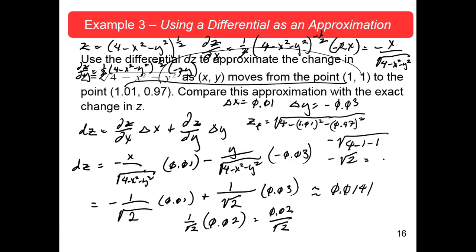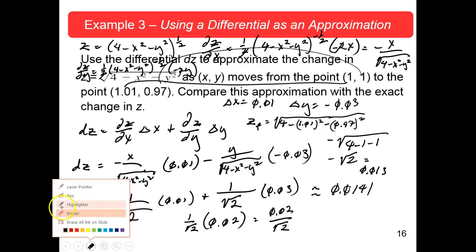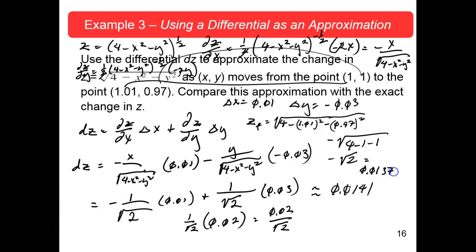Okay, 0.0136. So that was the actual change. This was your differential change, 0.0137. Okay, so how much were they off? 0.0004.